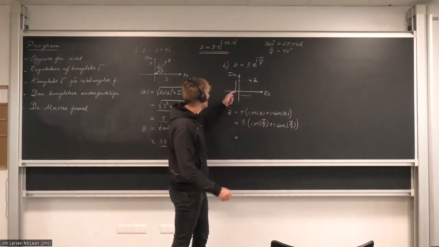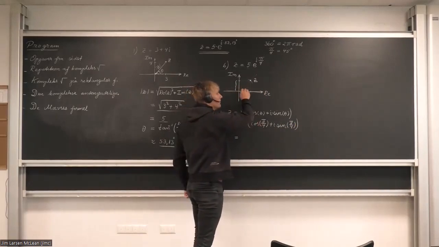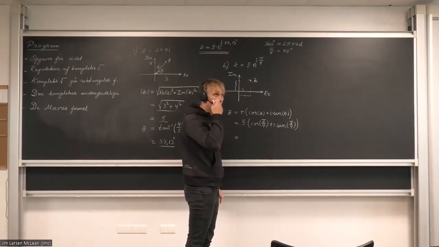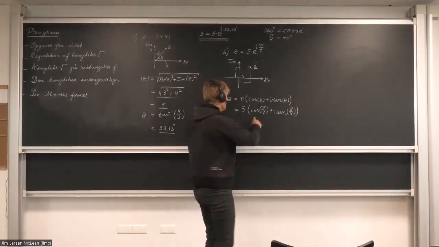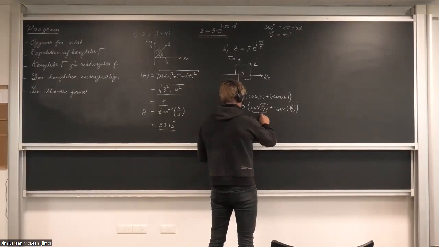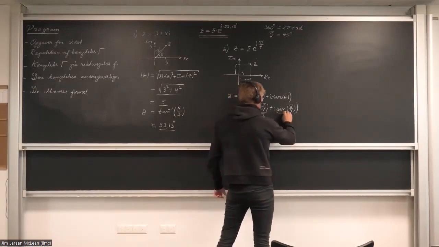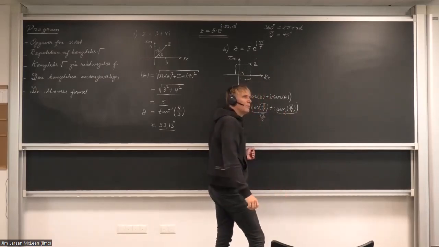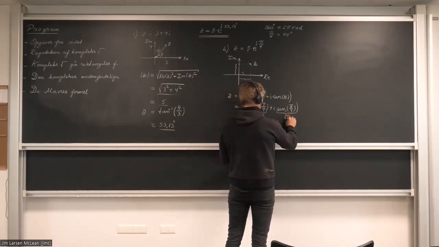It's the same as asking what's the cosine of 45 degrees, and that gives you square root of 2 over 2. And because the angle is 45 degrees, the sine also gives root 2 over 2, because sine of 45 degrees is the same as cosine of 45 degrees.